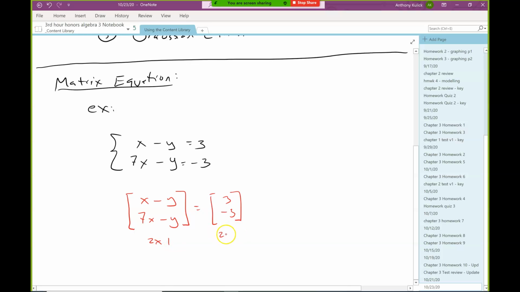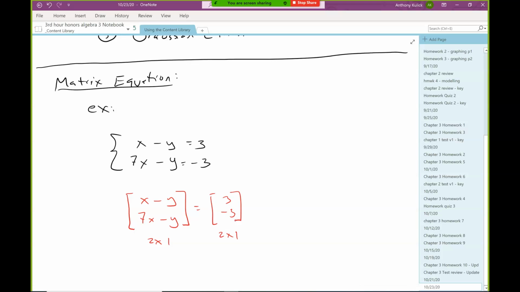I'm sorry, 2 by 1, and this is also a 2 by 1. And I know that it's okay to do this because for matrices to be equal, both sets of corresponding elements have to be equal, right? Which would be the same thing as if the system is true, right? That both equations would be true at the same time. Everybody's okay with that idea?